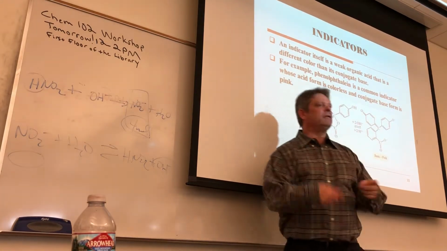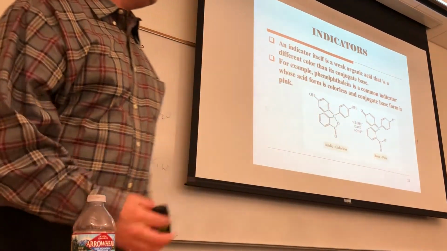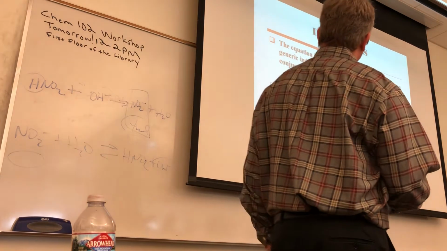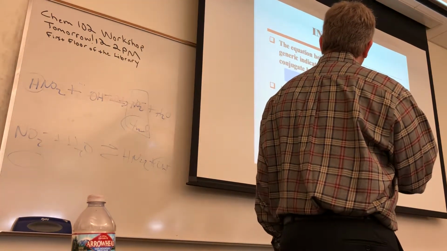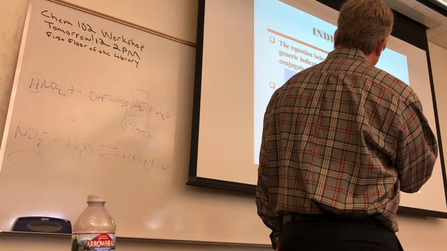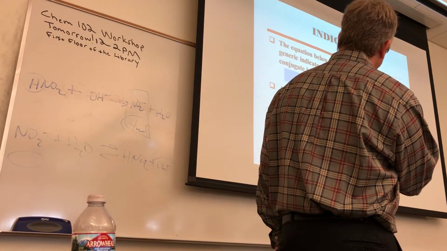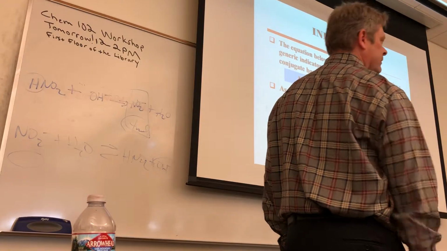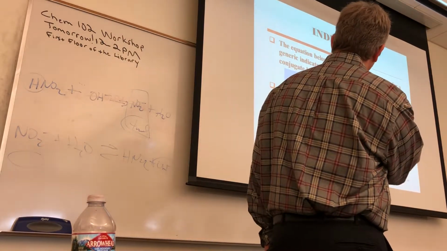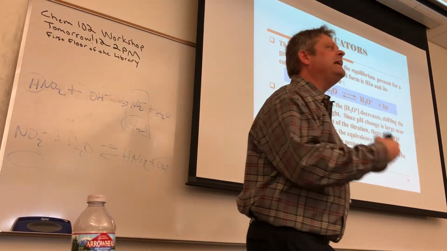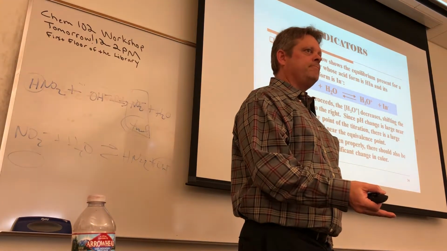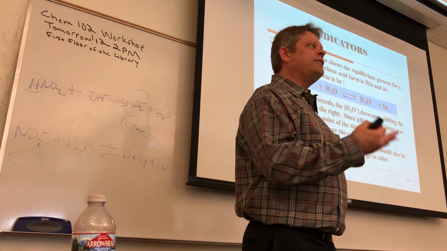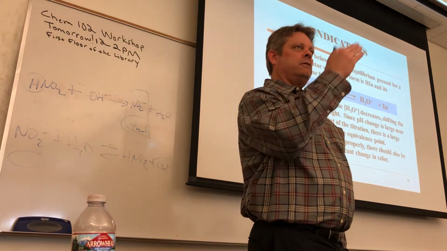Okay, let's see how we follow along with that idea, because this is the tricky part of it. So if I look here, here's an indicator in its acid form. I put it in water, I get an equilibrium, I get the hydronium ion, and I now get this here, the conjugate base of the indicator. Okay? So this is outside of a solution.